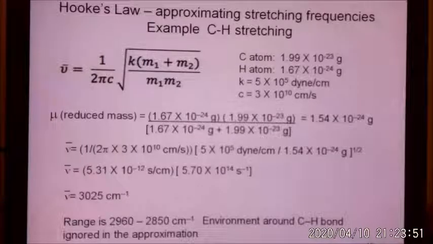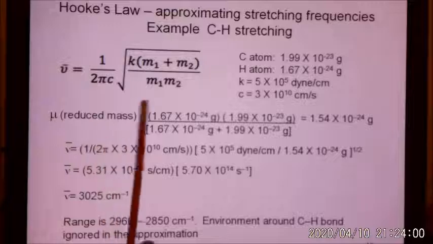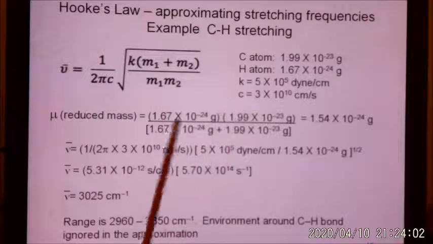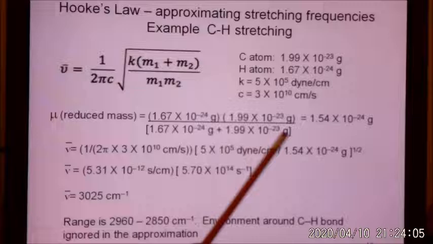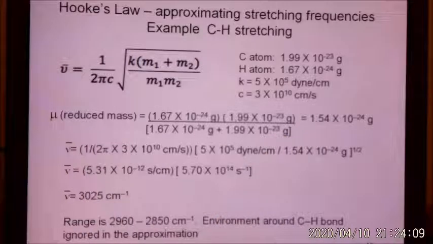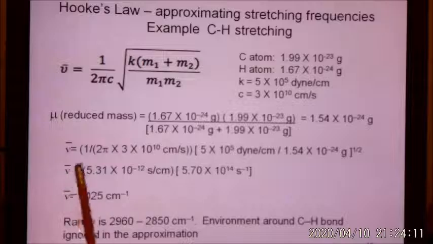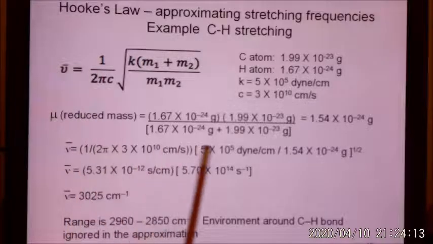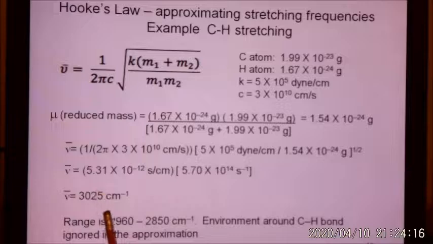If you look at your reduced mass, m1 times m2 divided by m1 plus m2, we get about 1.54 times 10 to the minus 24 grams. If we just plug our numbers into our formula, we get our frequency for CH stretching is about 3025 wave numbers.